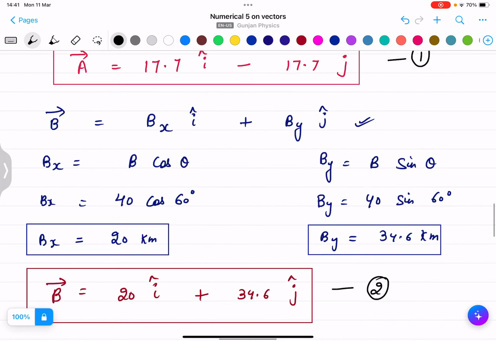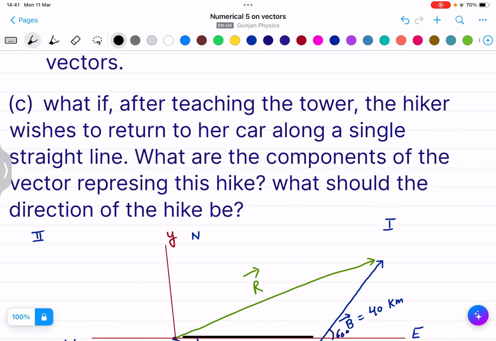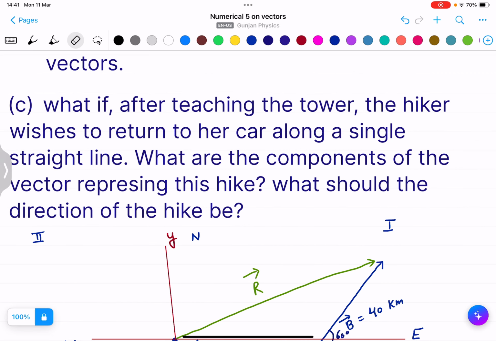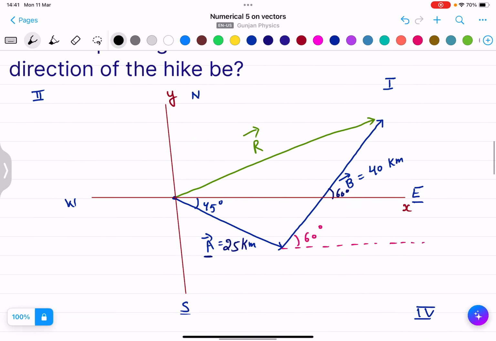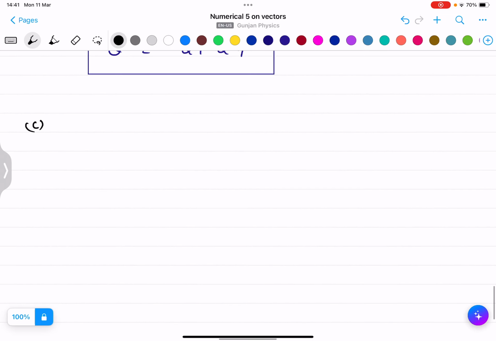What is the C part saying? The C part is saying, what if after reaching the tower, the hiker wishes to return to her car along a single straight line. What are the components of the vector representing this hike? What should be the direction of the hike? Okay. So now let's move to the C part.